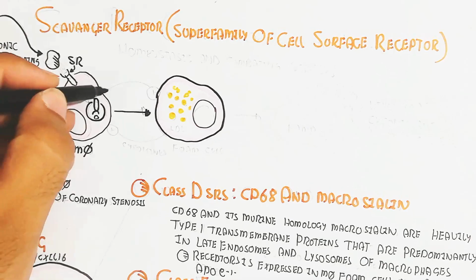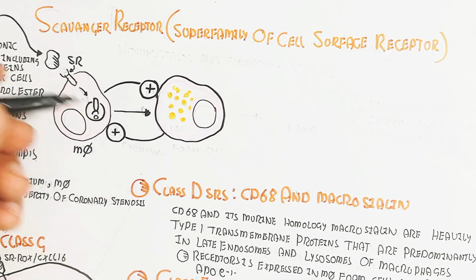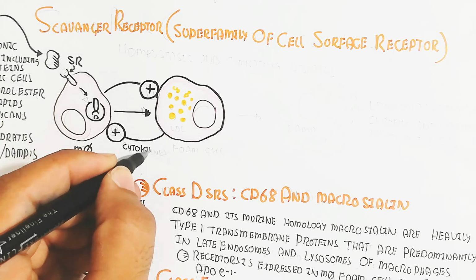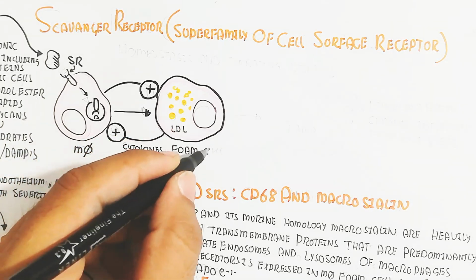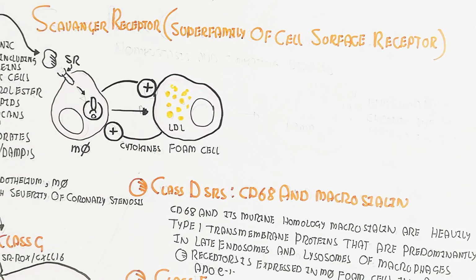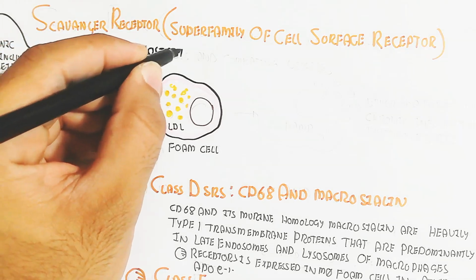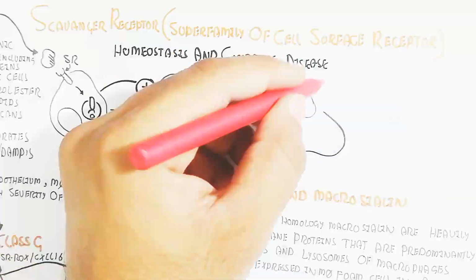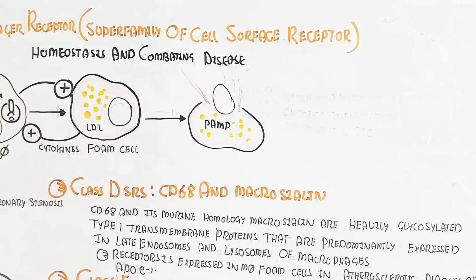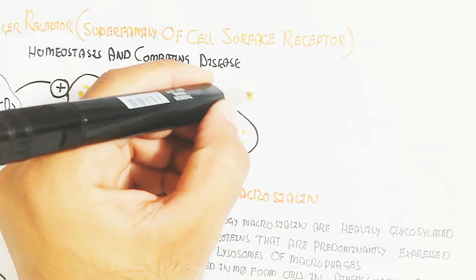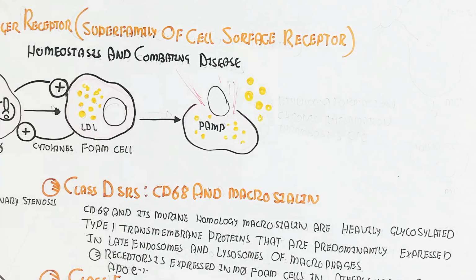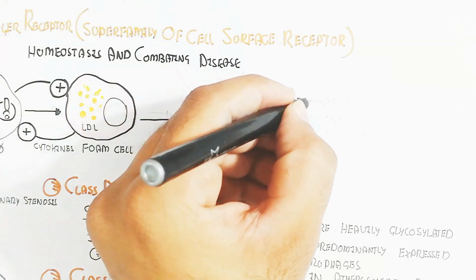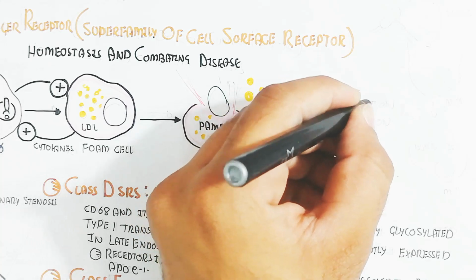After endocytosis, the ligand is converted into a foam cell if it is cholesterol. If the cholesterol, the LDL, is deposited in the macrophage, and the pathogen associated molecular pattern is also involved, in this way atheroma formation, chronic inflammation, thrombosis, etc. will occur. But this is the clearance mechanism in short.